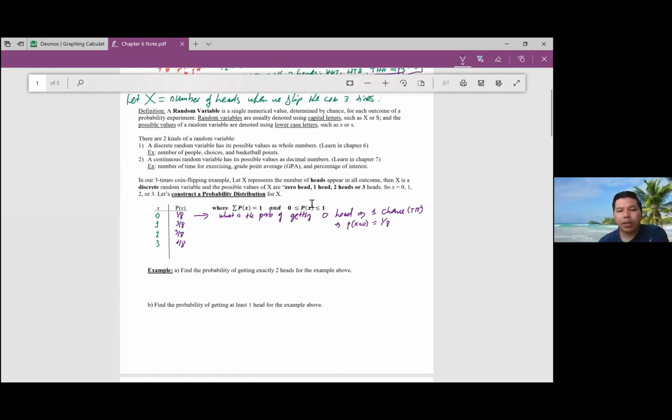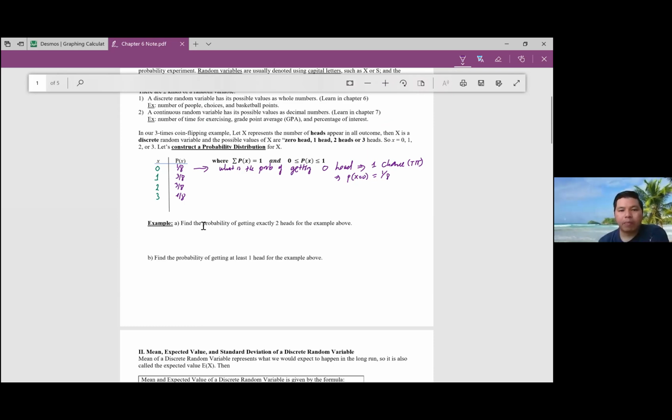Okay. All right. So now find the probability of getting exactly 2 heads, right? So the probability of exactly 2 heads is the same thing as P of X equal to 2, all right? And according to the table, this will be 3 out of 8.